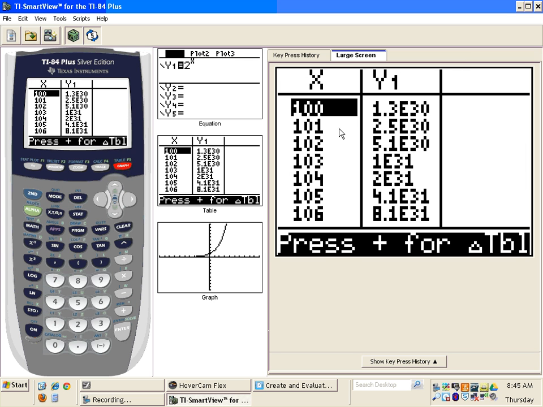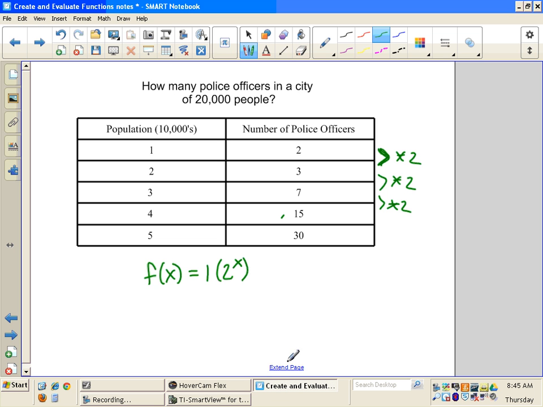So I just want to point out to you, this 1.3E30 is the calculator's way of doing scientific notation. So if we go back to our notes here, when we plugged in 100, our output was 1.3E30.